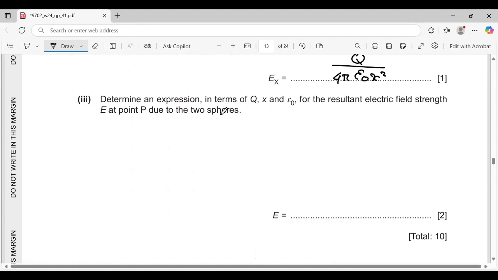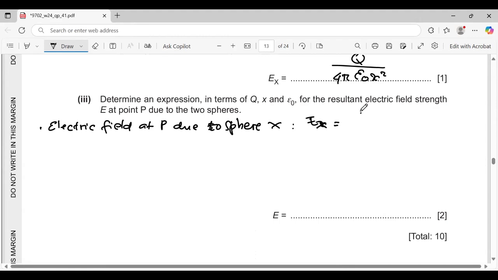From the previous solution, we have information that the electric field at P due to sphere X, Ex, equals Q over 4 pi epsilon 0 x squared.